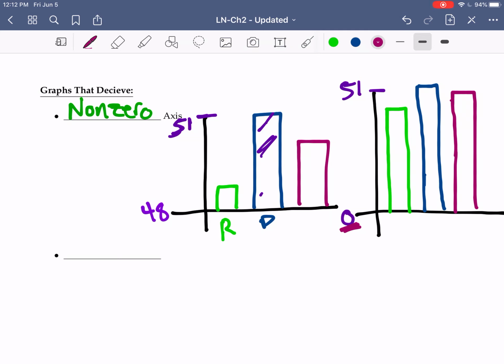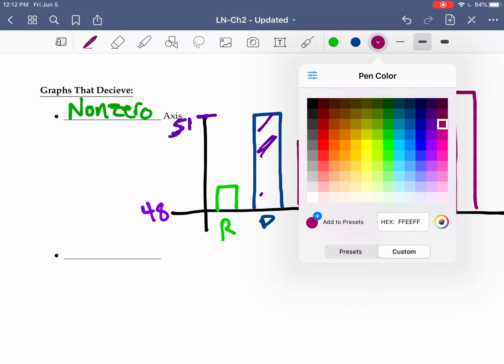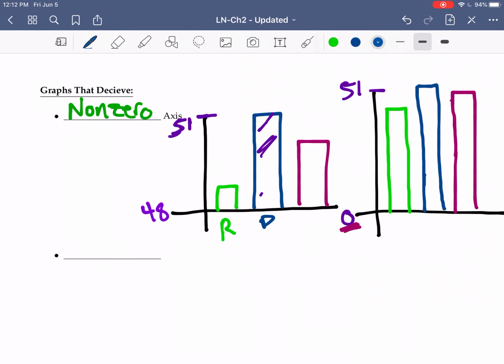Another way that we might see data that is distorted, a deceiving graph, is when we see pictographs. Pictographs can be misleading.